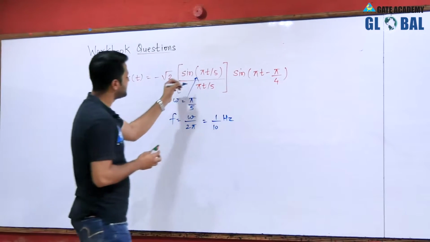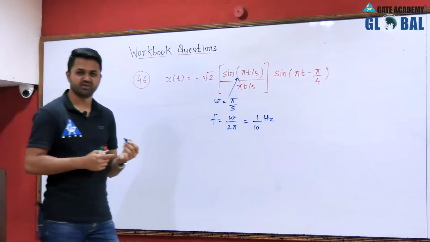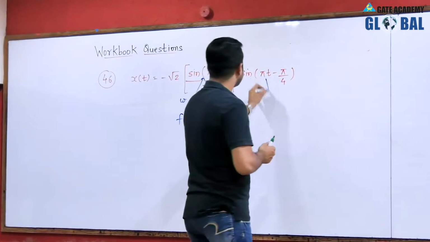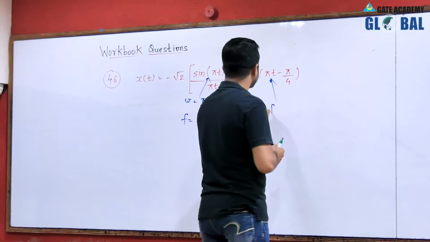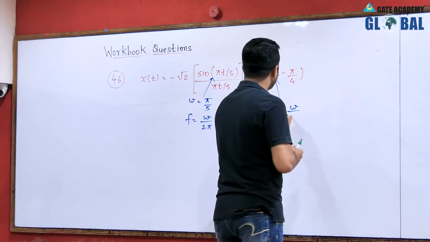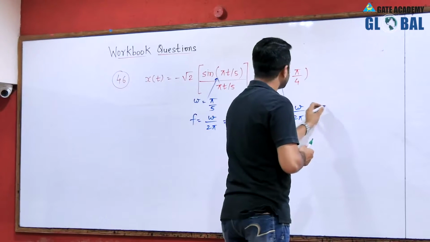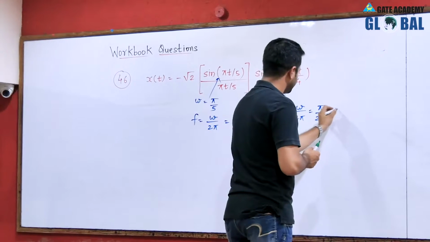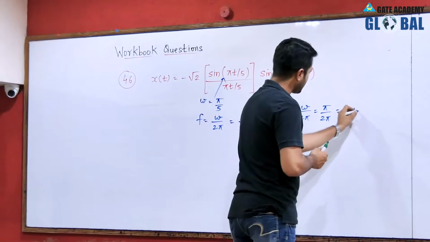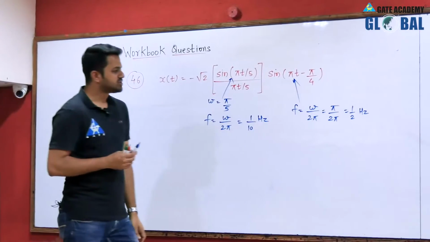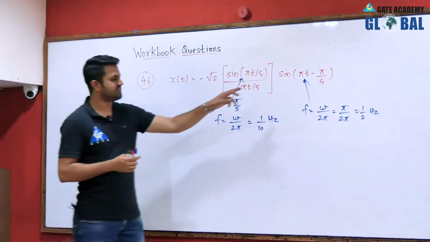So this term has frequency f equal to 1 by 10 hertz, and this term has frequency omega by 2 pi, and omega is pi here, so pi upon 2 pi is 1 by 2 hertz. So this is our center frequency.